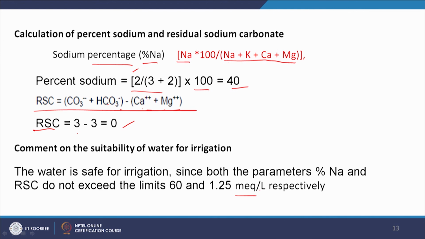In this case these values are 40% and 0. So, this is satisfying the conditions for both percentage sodium and RSC values. Therefore, the water is safe for irrigation. Now, the problem is solved. Up to this in this class, thank you very much for your patience.